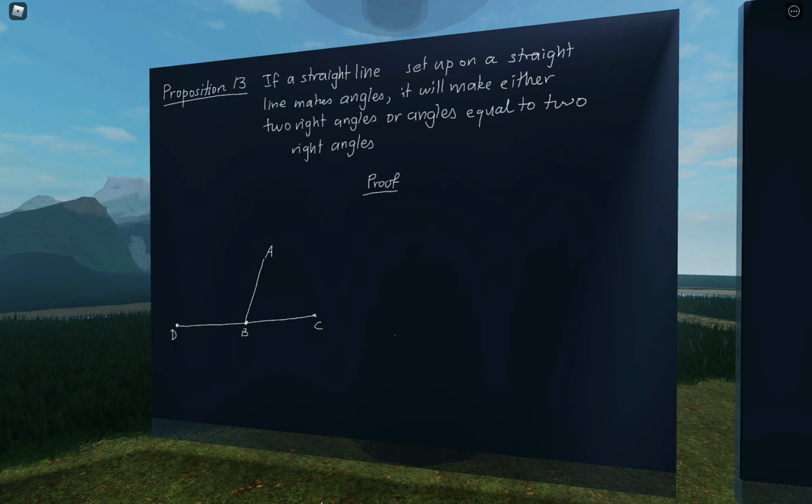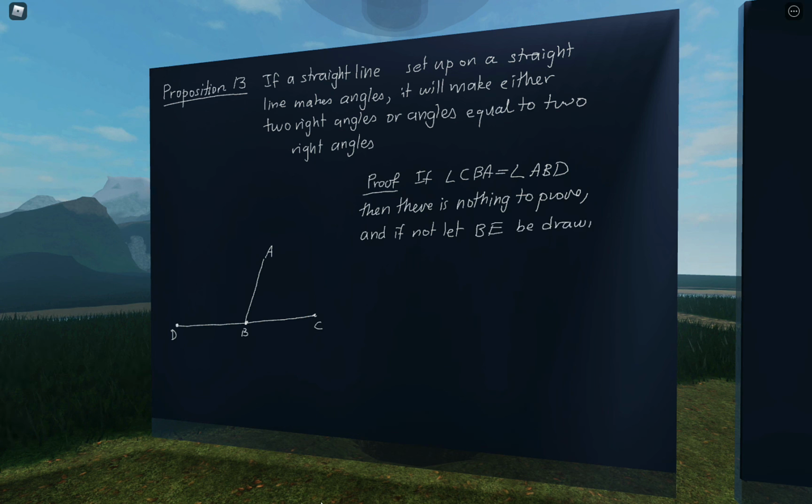Okay, so if the two angles are equal, then there is nothing to prove. And if not, let BE be drawn at right angles to DC.